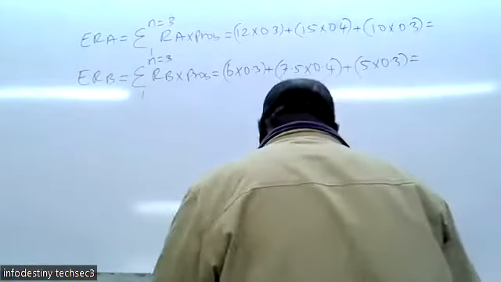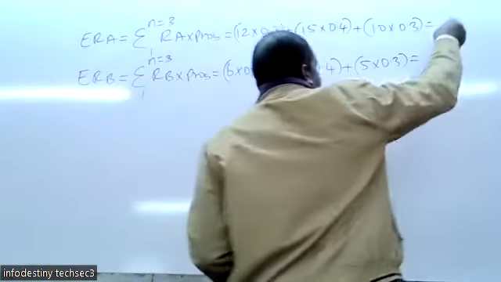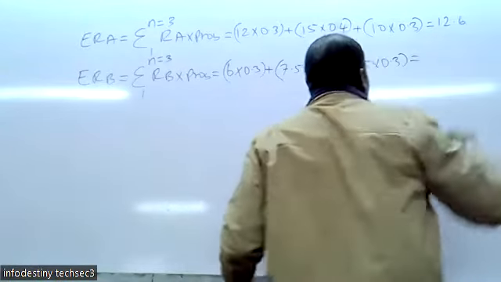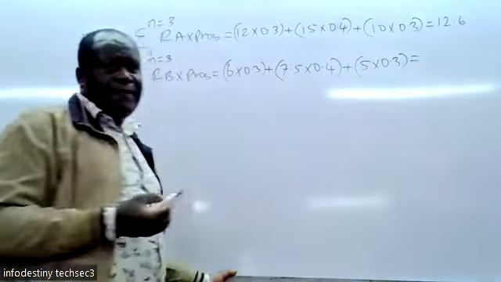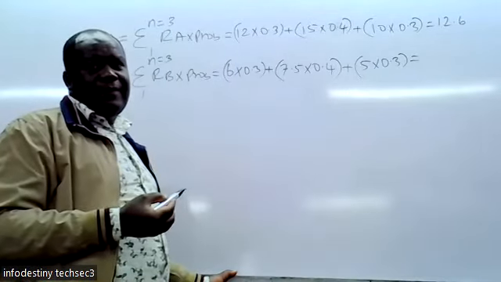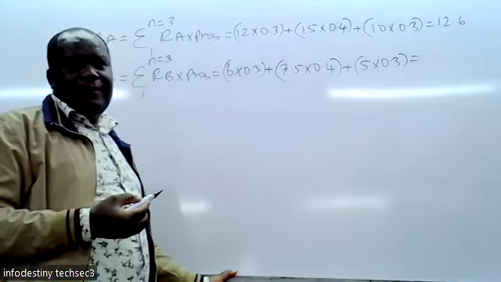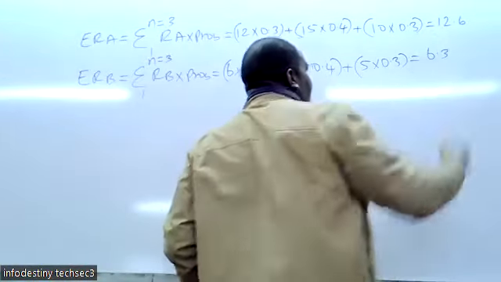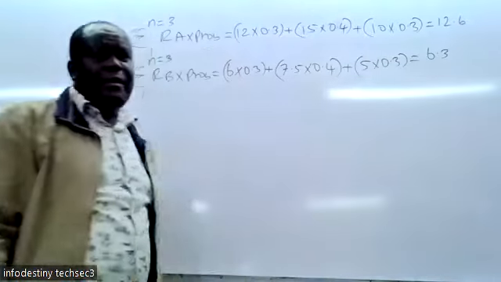So the first one is 12.6. How about the second one? The second one is 6.3. So that is expected return for each.